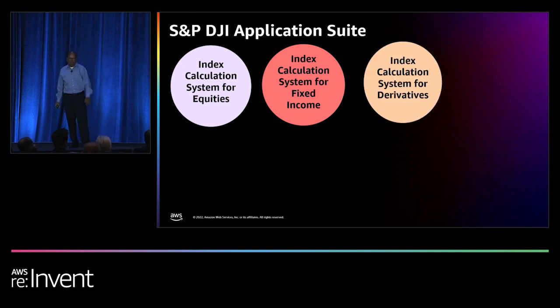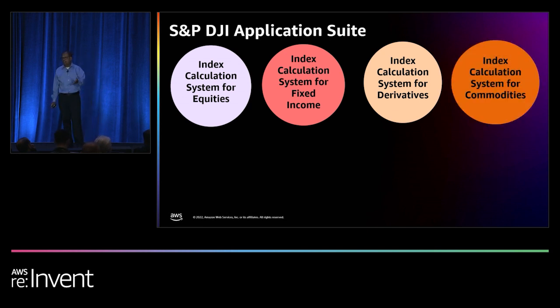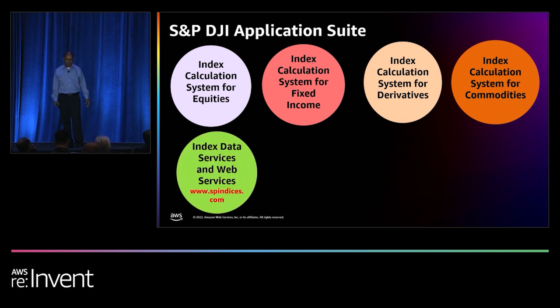The next platform is what I call the derivatives platform. It's basically strategies on options, equities, and commodities on indices. We also have a platform that calculates indices for commodities.